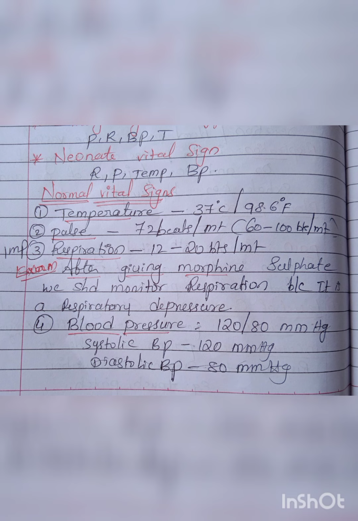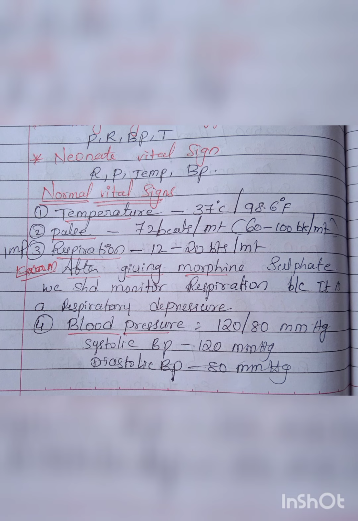Pulse rate should be 72 beats per minute. 72 beats per minute is the normal, and the range is from 60 to 100 beats per minute. But in case of newborns, pulse rate is also called heartbeat. In newborns, 140 to 160 beats per minute is the normal range in the neonate, and it gradually decreases as he grows up.